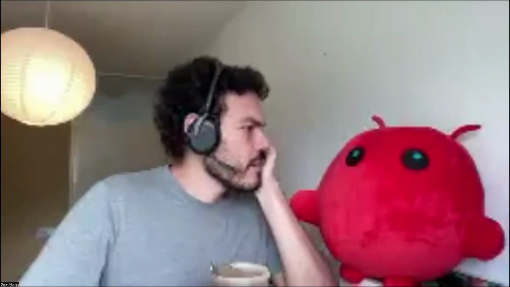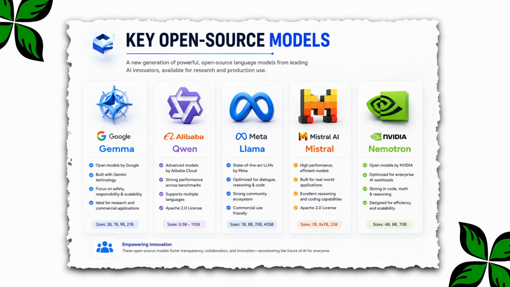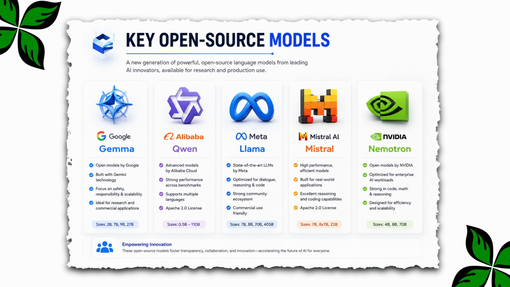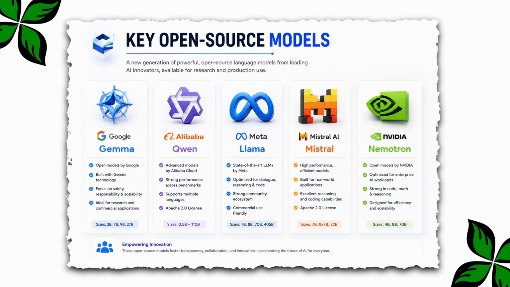GPT OSS, if I'm not mistaken, from OpenAI. Nemotron is from NVIDIA. GLM? GLM is from Z.ai, I think. Yeah, that's according to Google.